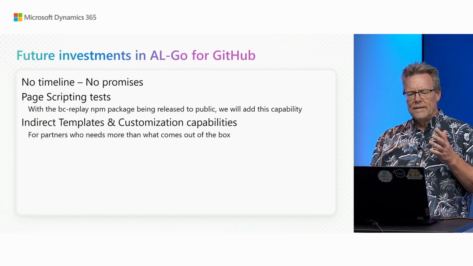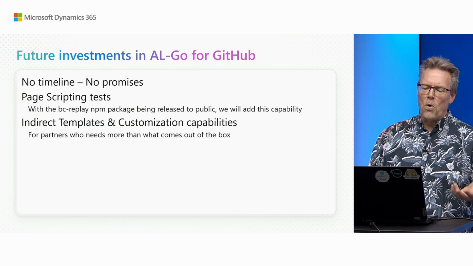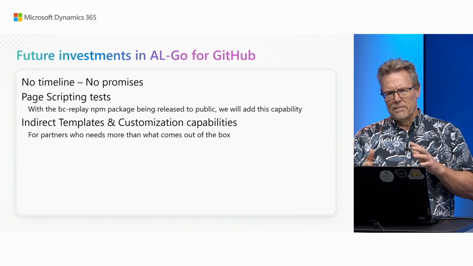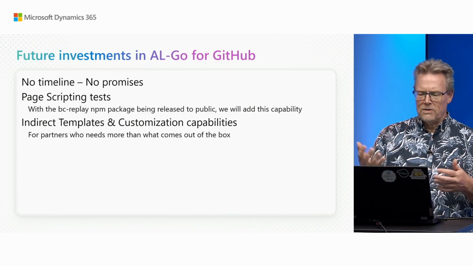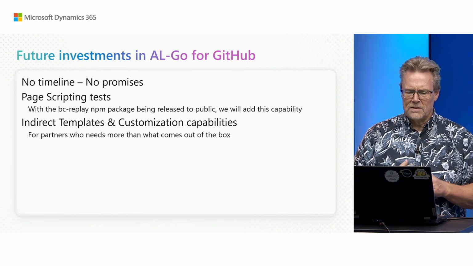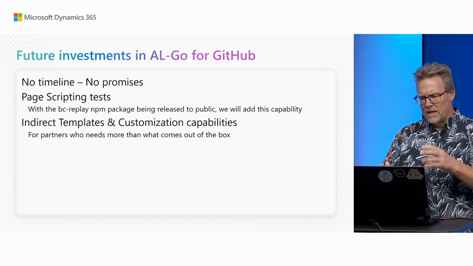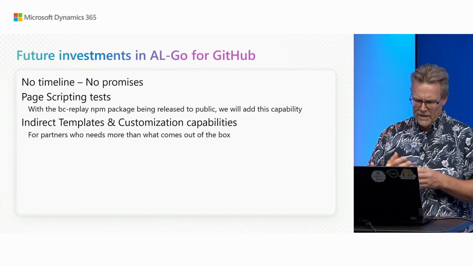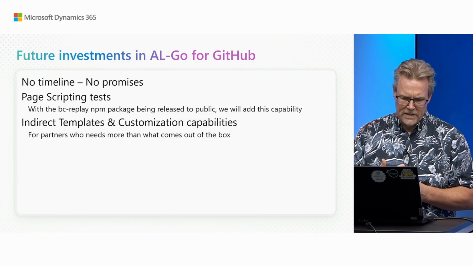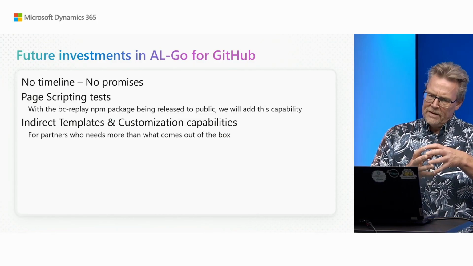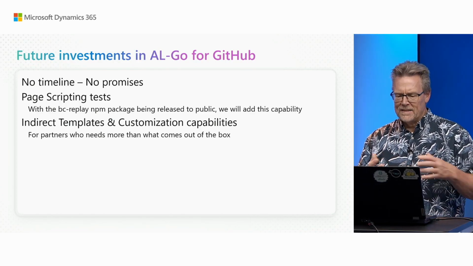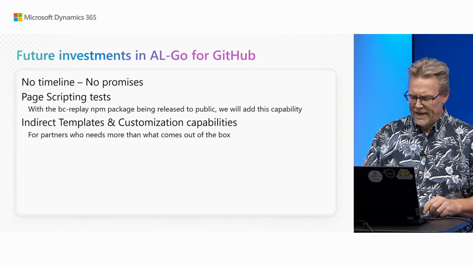There are partners who need more than what comes out of the box in AL Go, so we're working on indirect templates and customization capabilities, and we're not really sure where to land this one. Some say that Git functionality is sufficient. Some say that we need to be able to customize by adding custom scripts, custom steps and custom jobs. We'll land this and create documentation on how to use these things, so that we clearly document how partners can and how much they can customize and still keep current with the latest version of AL Go.